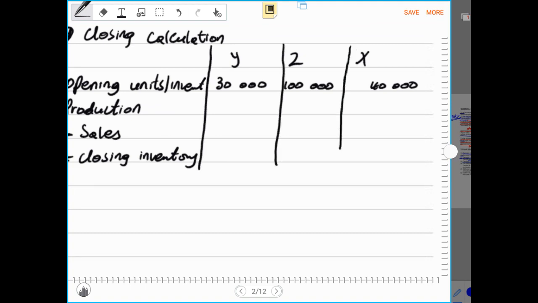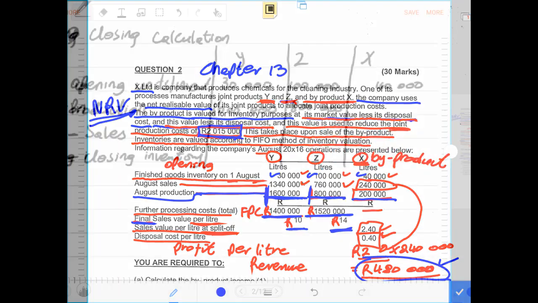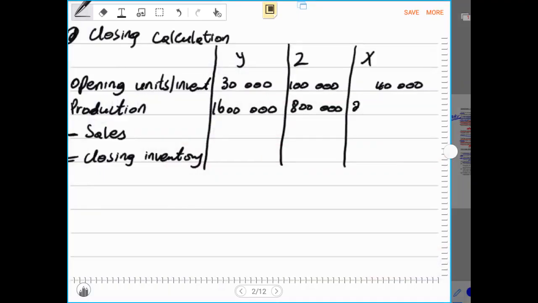Then we need to add the production, and production was 1,600,000 units and 800,000 if my memory still serves me. Yes, it was 1,600,000, 800,000 units, and 200,000 units for product X.